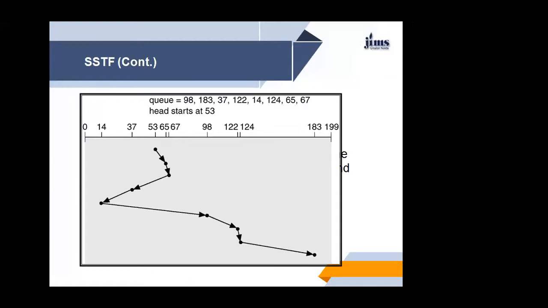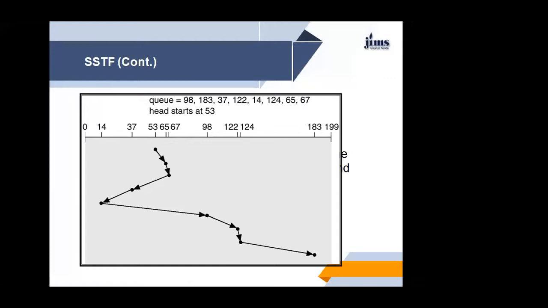Then from 37 it will move to cylinder 14, and from 14 to 98. From 98 it will go to 122, from 122 to 124, and from 124 to 183.